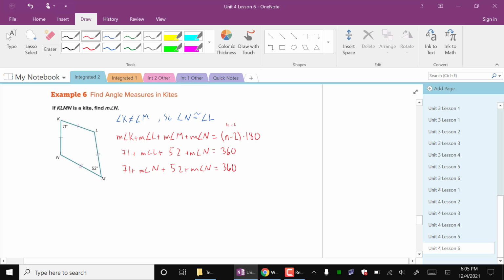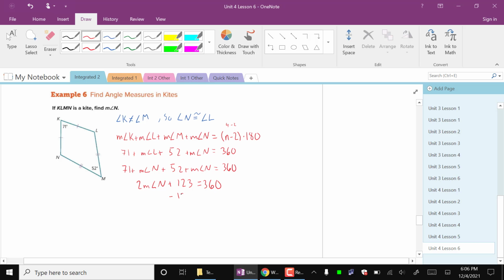What good does that give me? Now instead of having two unknowns, I only have one unknown. So I can put these two together. This gives me 2 measure of angle N plus 71 and 52 gives me 123 equals 360. Now I got this equation. This is basically like an x. This is 2x plus 123 equals 360.